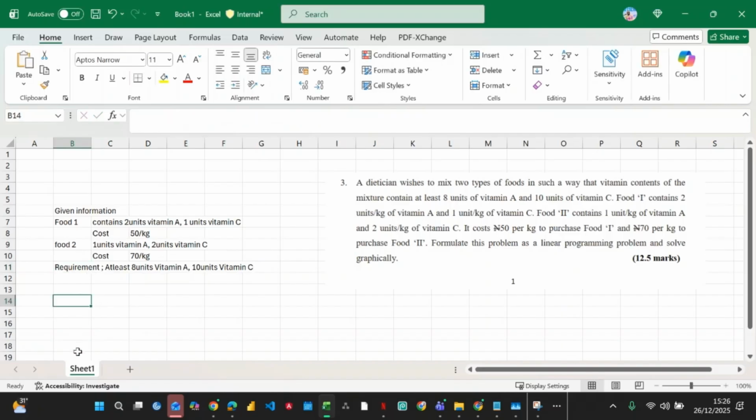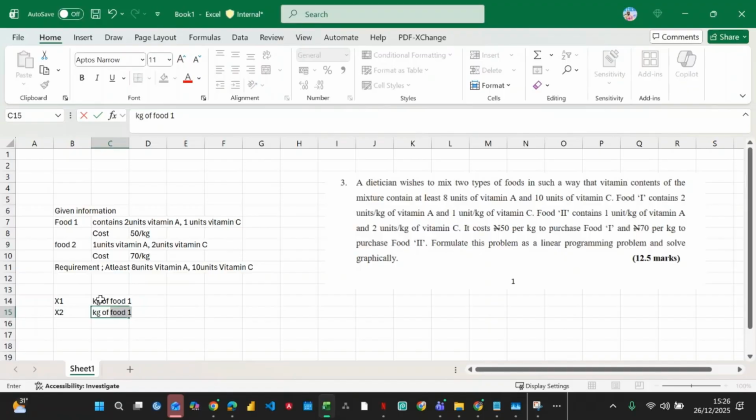Let's assign our decision variables: x1 and x2. x1 is the kilograms of food one, and x2 is the kilograms of food two.